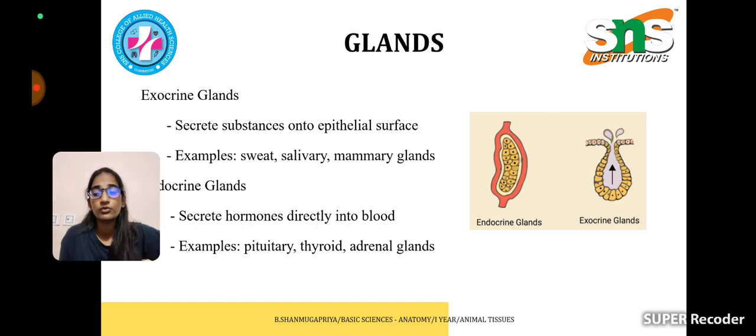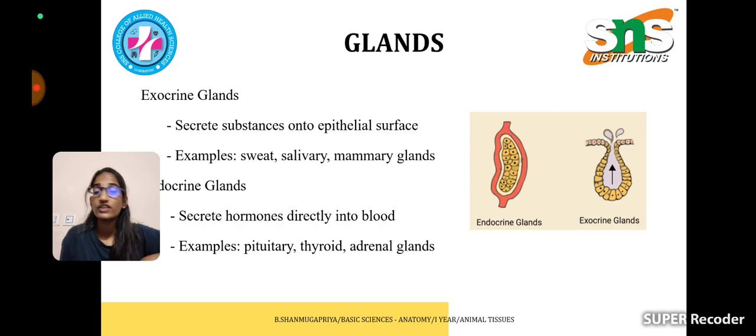And also now we are going to see the definition and the types of membrane. So membranes are sheets of epithelial tissue and their supporting connective tissue that cover or line the internal structures or cavities, and these are called membranes.